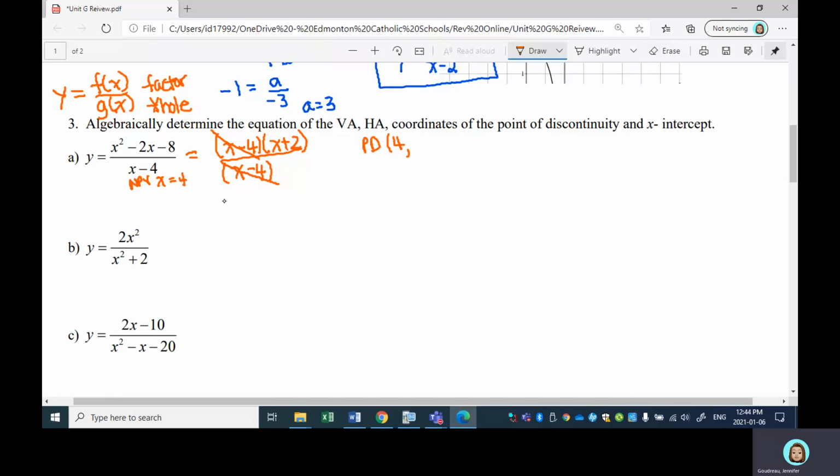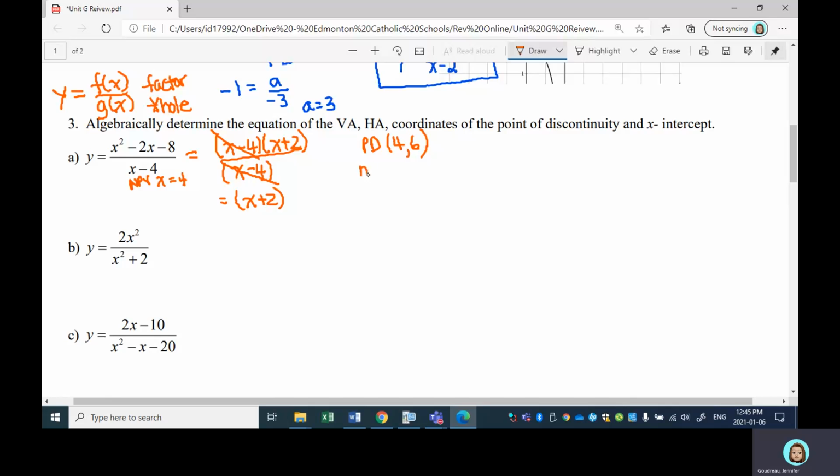To find the y value of the point of discontinuity, simplify the function. So this function just simplifies into x plus 2, and then take that x value and substitute it into the simplified form. So 4 plus 2 would be 6. Our hole or point of discontinuity would be at (4, 6). Now notice that there's no other factors remaining in the denominator.